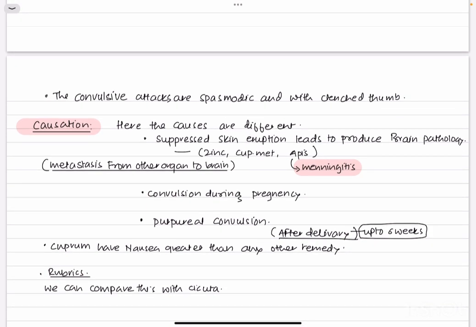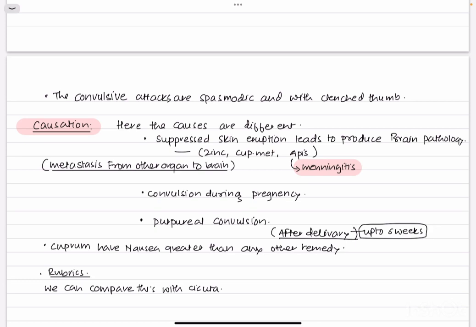Now there is another symptom: the convulsive attacks are spasmodic and with a clenched thumb. Clenched thumb means, as we have all seen, babies holding the thumb with the fingers over it. That is the classical picture in this remedy, like a baby with a clenched thumb.